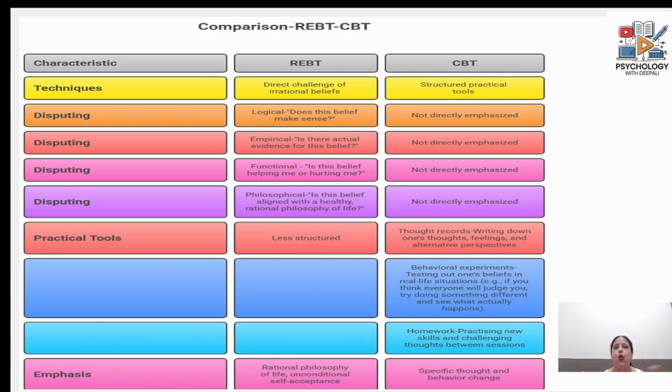And they are also given homework, that is practicing new skills and challenging thoughts, which will help them to find out whether they are able to use the techniques between the sessions when there is a gap. In terms of emphasis, the focus in REBT is the rational philosophy of life and unconditional self acceptance, while in CBT, it is specific thought and behavior change.